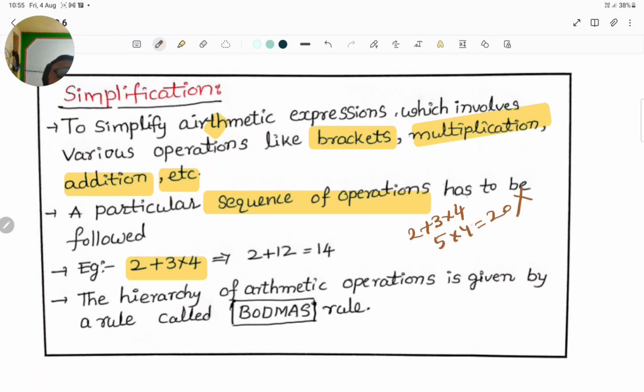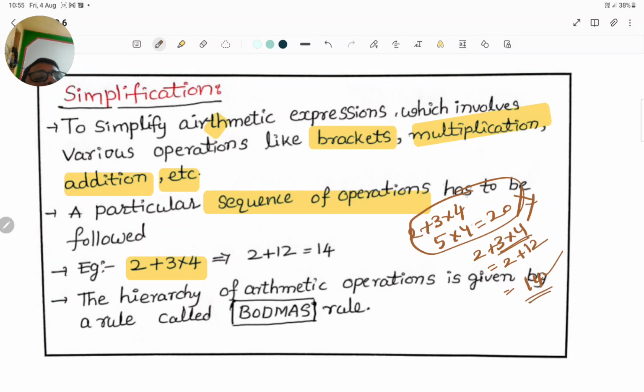Because we have to use some rules. In this problem you have to do multiplication first. 2 plus 3 into 4 is equal to, first we complete the multiplication, 3 into 4 is 12. 2 plus 12 is 14. 14 is the correct answer, not 20.